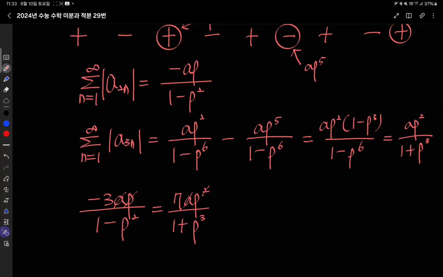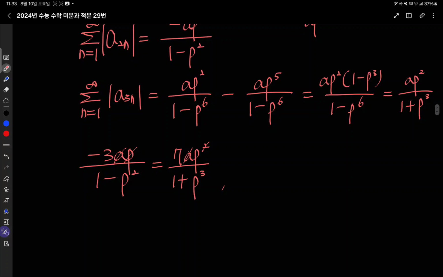And let's make the cross product. So minus 3 times PQ is equal to 7P times 1 minus P squared.